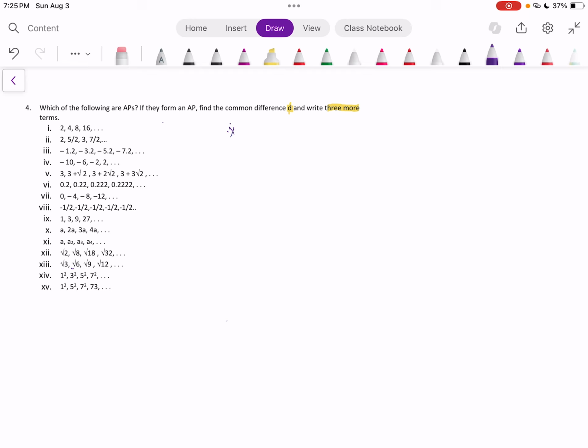And then the last problem. D: 5 square minus 1 square is 25 minus 1, going to be 24. Then 7 square minus 5 square: 49 minus 25 is going to be 24.